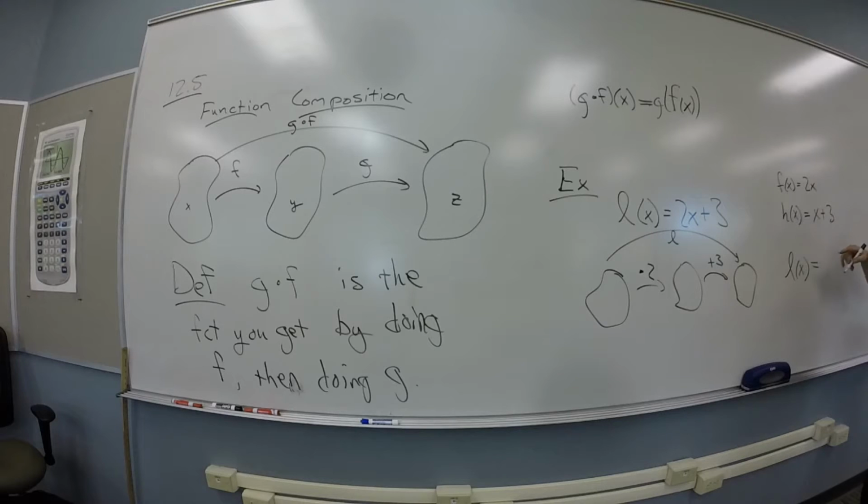So first things first, I need to do f and then do h. So I could think about this as h of f of x. And if I wanted to write that with my new cool symbol, I would write that as h composed with f of x.